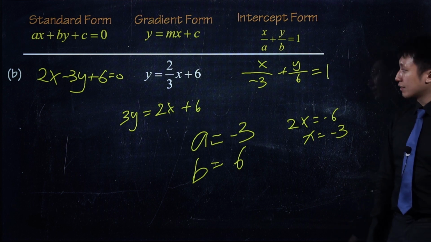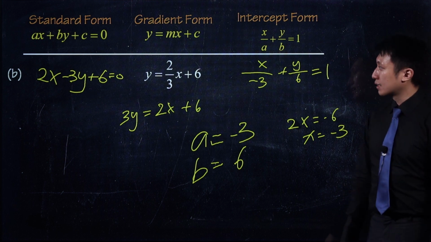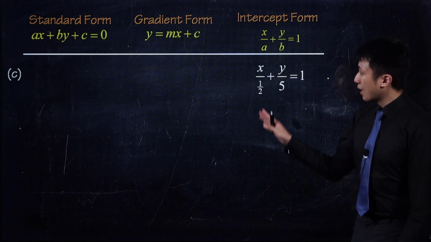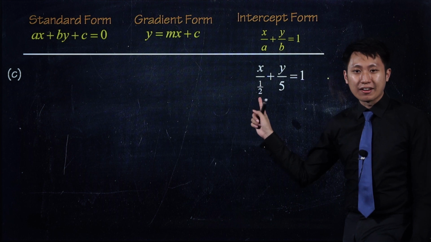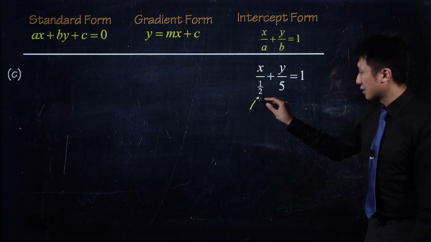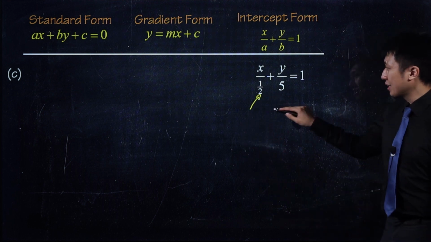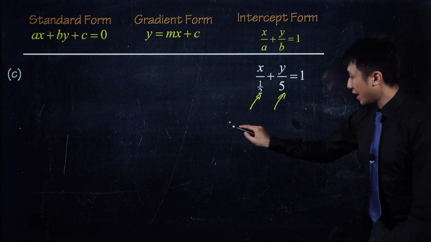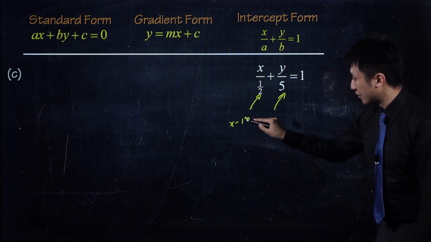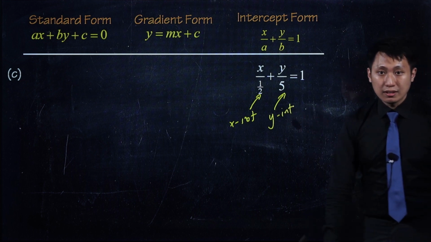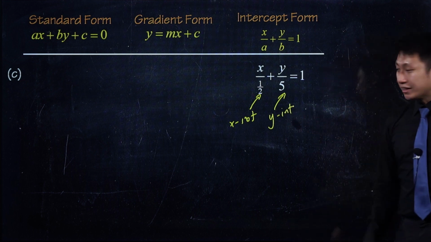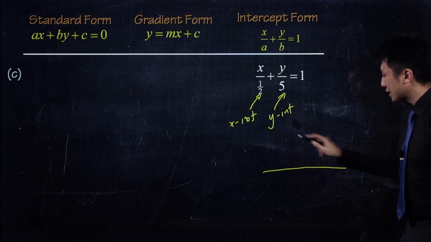Okay, great. Next, I have this. If you see a half here, are you afraid? What is this? The x-intercept. What is this? The y-intercept. I don't write the whole thing. So you see, the x-intercept is this half, the y-intercept is 5.